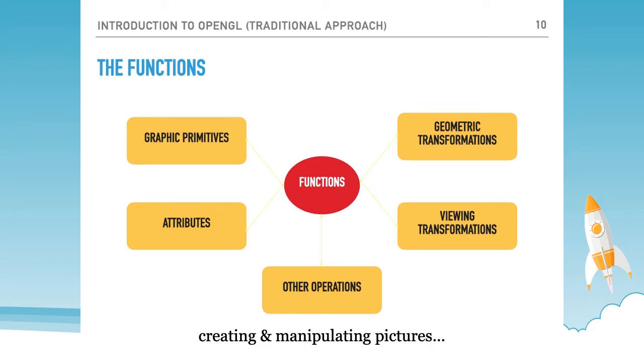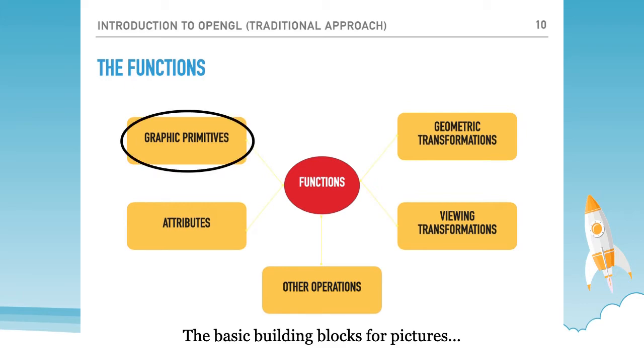Now, these routines can be broadly classified according to whether they deal with graphics output, input, attributes, transformation, viewing, subdividing pictures, or general control. The basic building blocks for pictures are referred to as graphics output primitives.